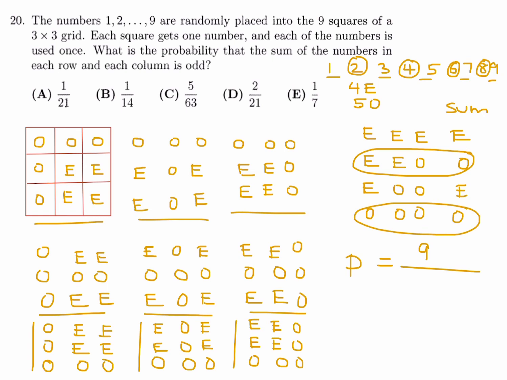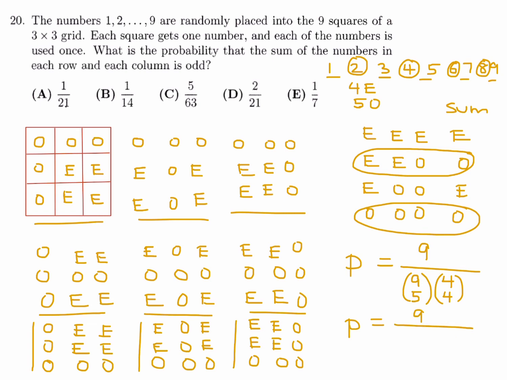The total number of ways, without regard to any rules, is from the 9 numbers, you want to choose 5 for the odd, and from the remaining 4, even, you choose all of them. So this is basically the answer.